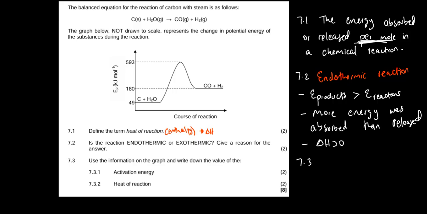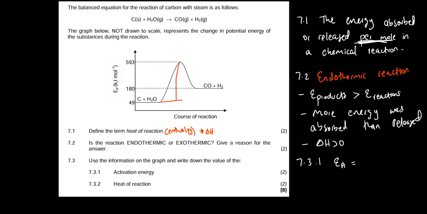7.3.1, use the information on the graph and write down the value of the activation energy. Very nice. What would be our activation energy? Let's see if you can get it. Remember, activation energy is this part, from the reactants to the activated complex.